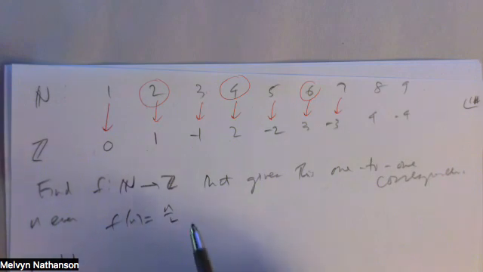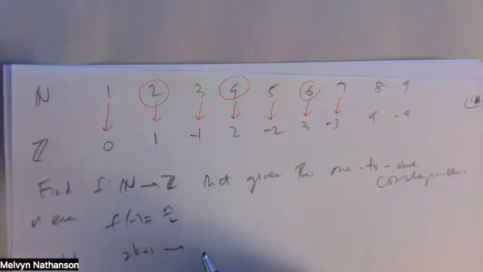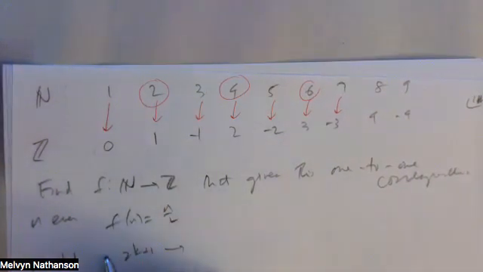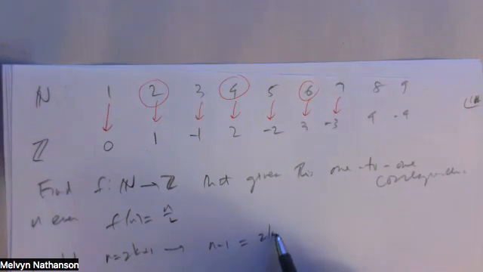So it looks like if you had the number 2k plus 1, an odd number, suppose n is 2k plus 1, then n minus 1 would be 2k.